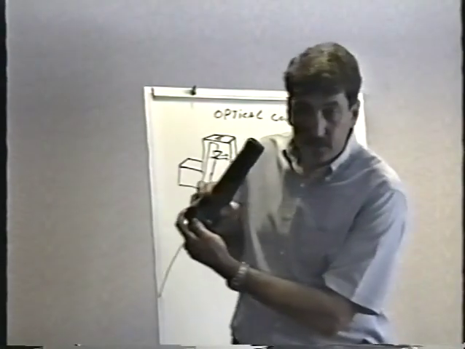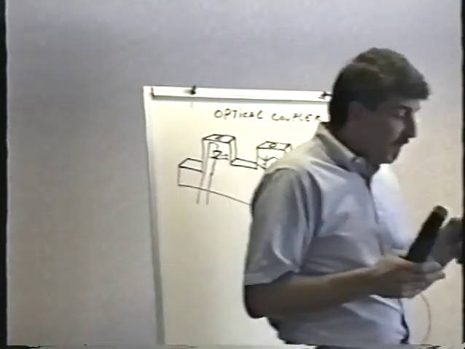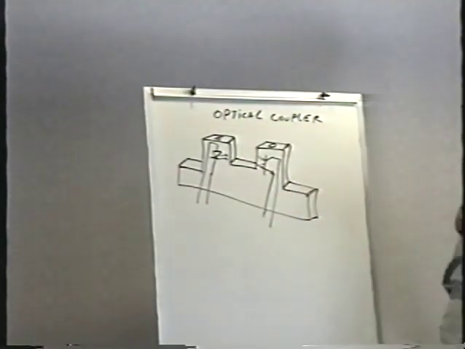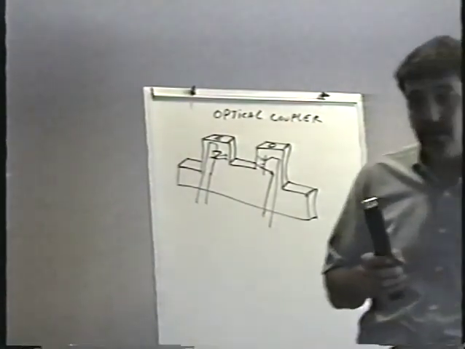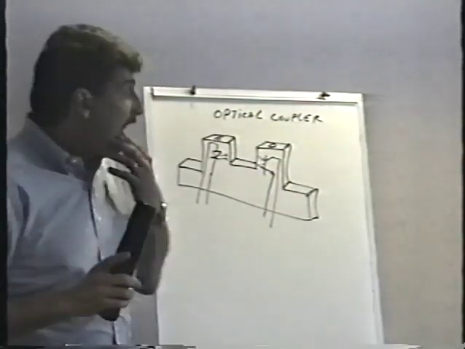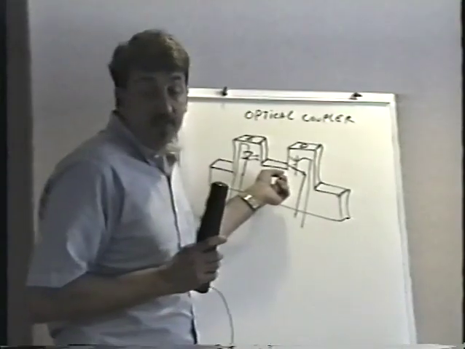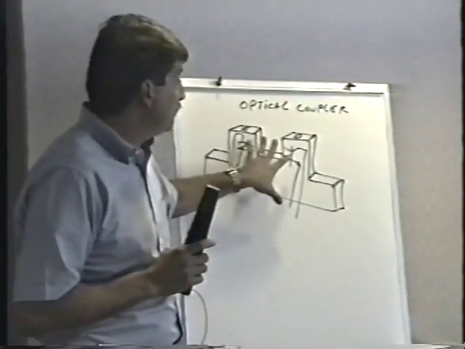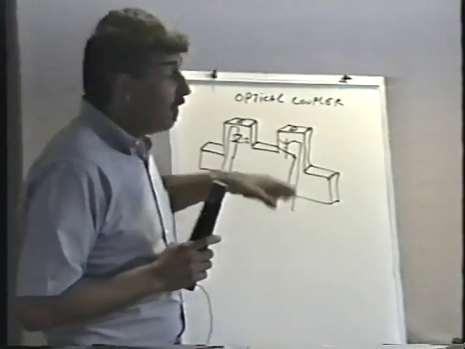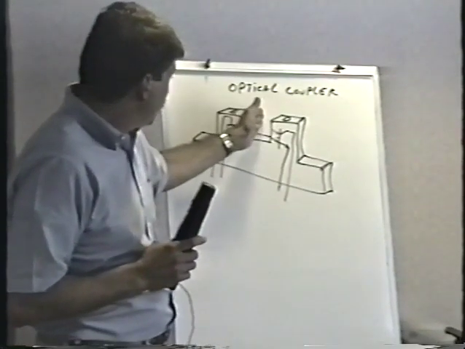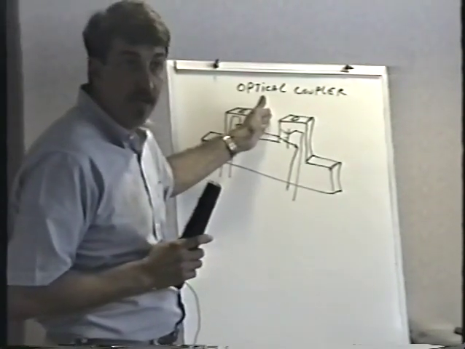Okay, so this is a really cool deal. I'm going to pass that around. We also use these, for instance, in Williams pinball machines, to tell if a drop target's down. When the drop target's down, it puts a little piece of plastic in between and blocks the beam.